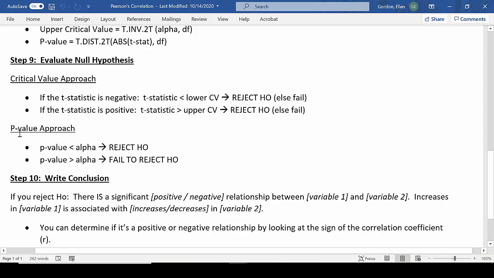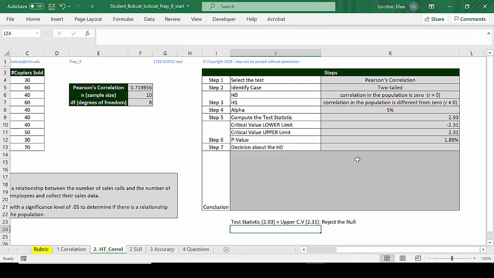We can also use the p-value approach, and for that, we compare the p-value to alpha. If our p-value is less than alpha, we reject. If our p-value is greater than alpha, then we fail to reject. You can see that our p-value is 1.89%, and that is less than our alpha of 5%.